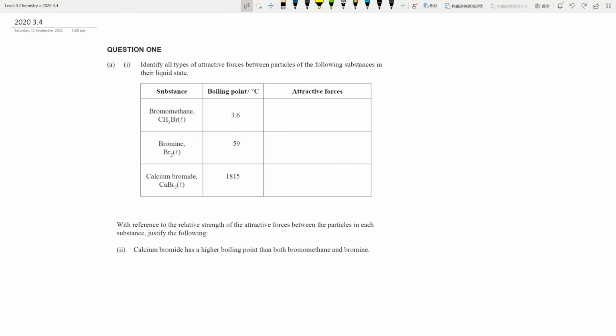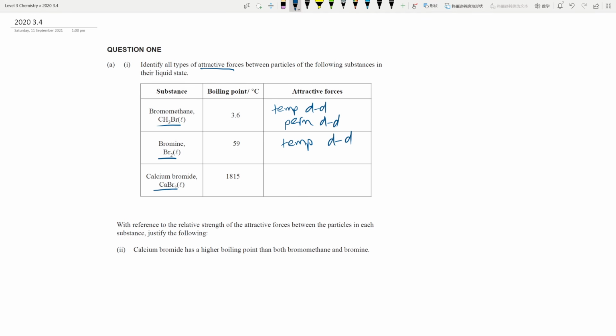So for this particular question, we're looking at the attractive forces between these things. CH3Br has temporary dipole-dipole force of attraction, as well as permanent dipole-dipole force of attraction, because this is a polar molecule. Br2 only has temporary dipole-dipole force of attraction because it's non-polar. And calcium bromide, so this is a change.